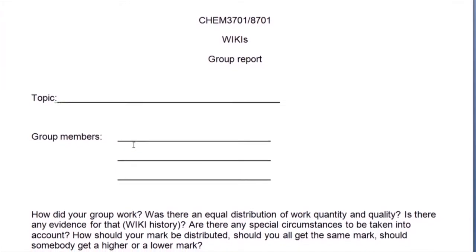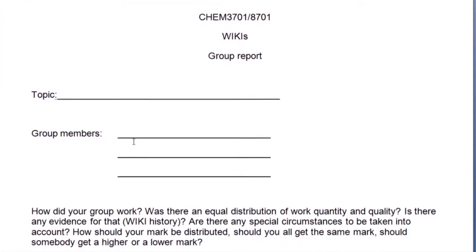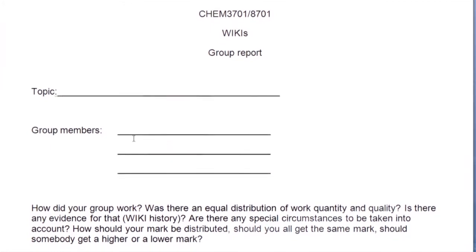The students had to write a report on what they did, and whether the workload was equally distributed, or whether one student did more than others and should therefore deserve a higher mark. So they all wrote this report, and it should be based on evidence.